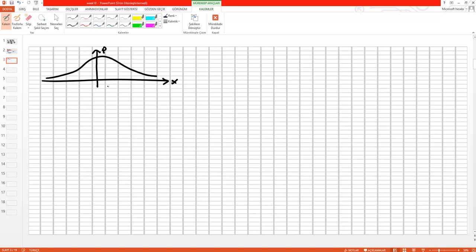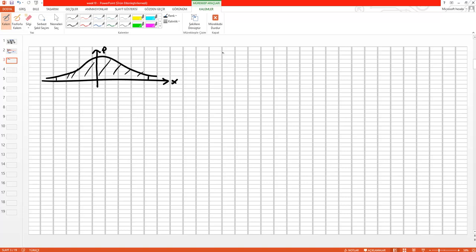For example, binomial distribution or the Poisson distribution. Yes, this is the normal distribution. But how can we interpret this rule, or how can we convert the logic state into the probabilistic one?